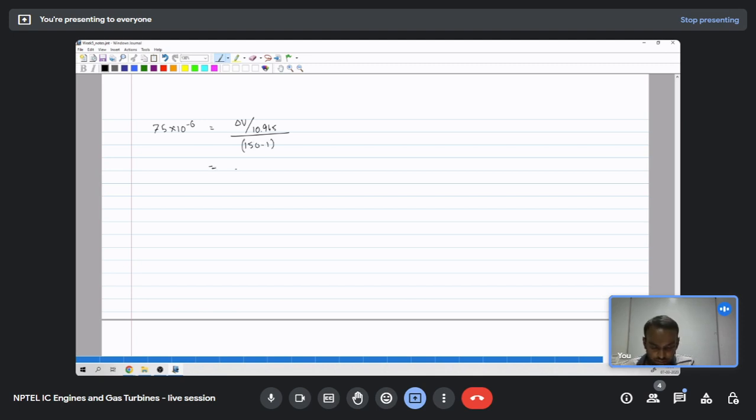So delta V is 75 into 10 power minus 6 into 149 bar, into 10.945. Can someone compute this and let me know?